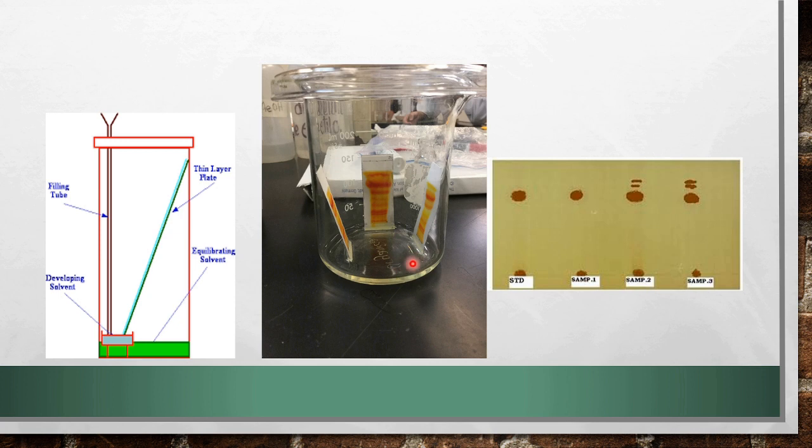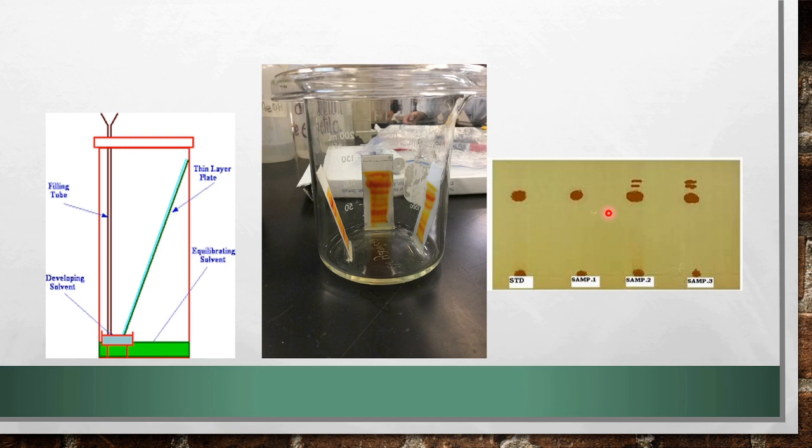The solvent rises by capillary action, just like in paper chromatography, and the compounds of the mixture separate as discrete spots within 1 or 2 hours. The thin layer chromatographic plate is then dried, and the positions of the separated components are located using suitable location reagents.